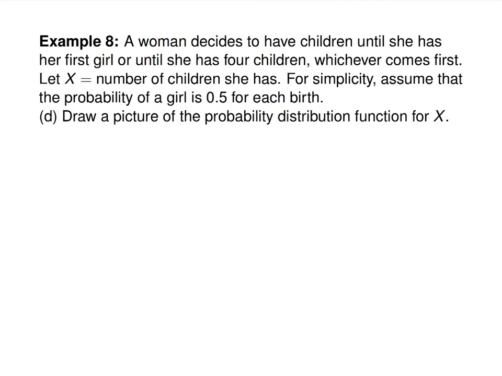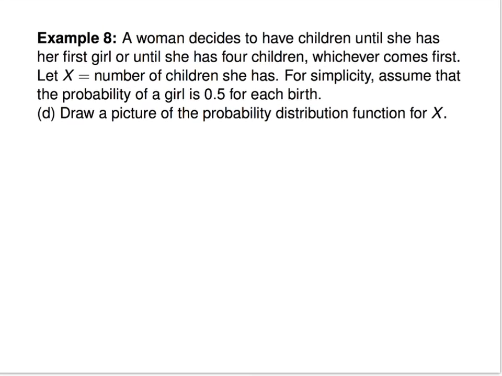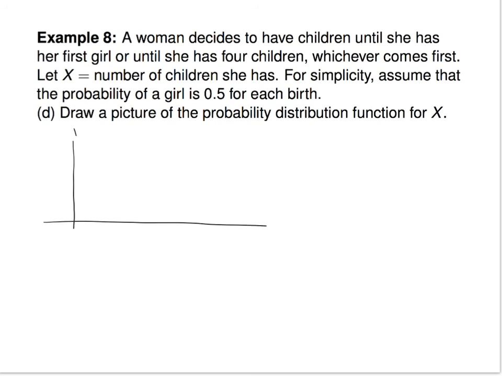Okay, let's draw a picture of this probability distribution function. So we're going to draw a bar graph. Okay, so on the y-axis, we're going to put the probability that x is equal to some specific k value. So we'll have this be 1 child, this be 2, this be 3, and that be 4. Okay, and the highest probability is 0.5, so let's just call this 0.5.